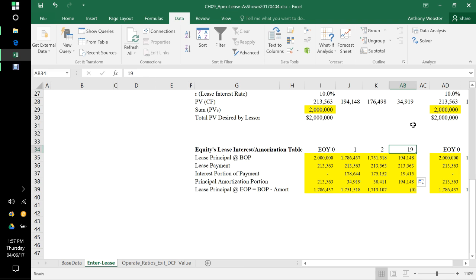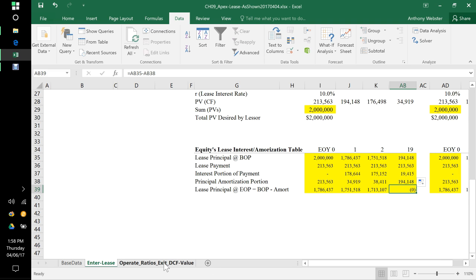This is a 20-year lease. Did I make a big mistake? No, remember, we're always paying at the beginning of the period for the use of the property during that period. So this is paid off at end of year 19, unlike a mortgage, which would be paid off at end of year 20 if it were a 20-year mortgage. Okay, so far so good.